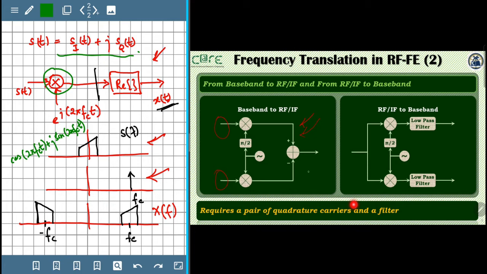And this is exactly the operation that is being performed in this block diagram.